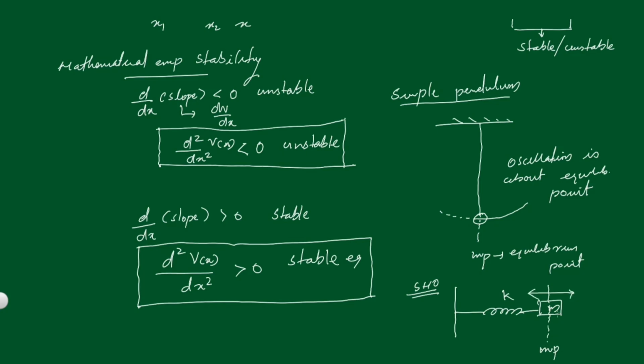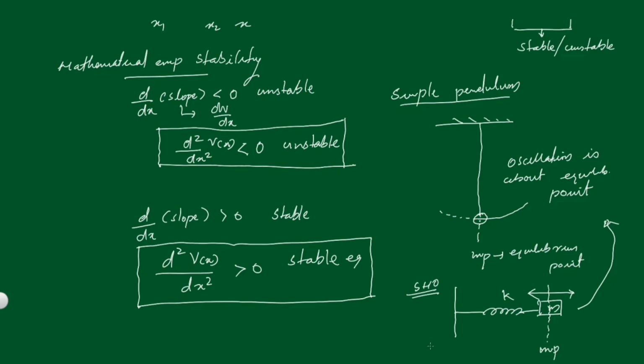If we move the mass to the positive or negative direction, after some oscillations it will come and rest at its mean position, that is the equilibrium point. So here also the oscillation is about the equilibrium point.